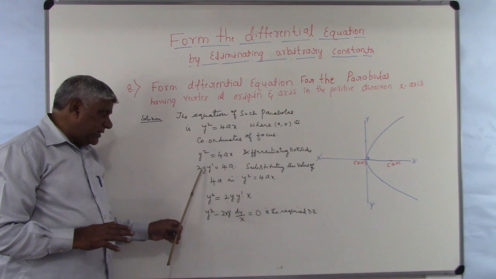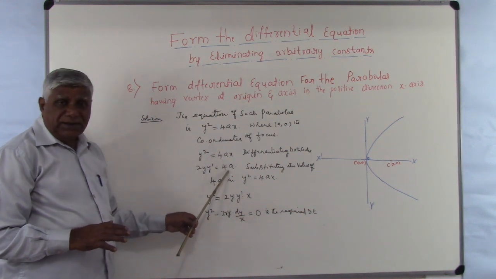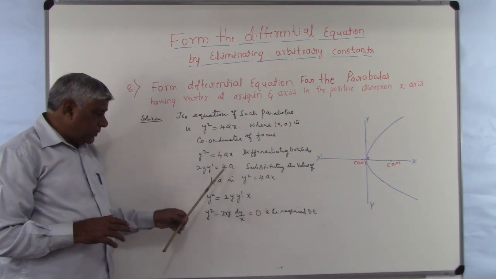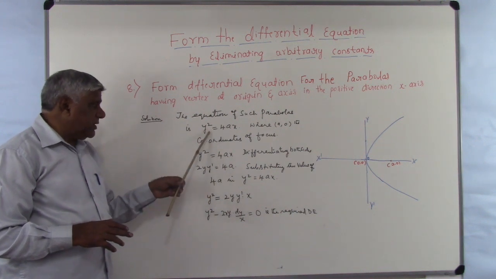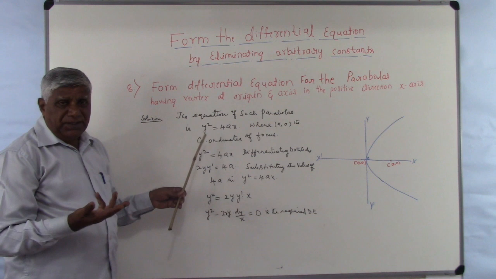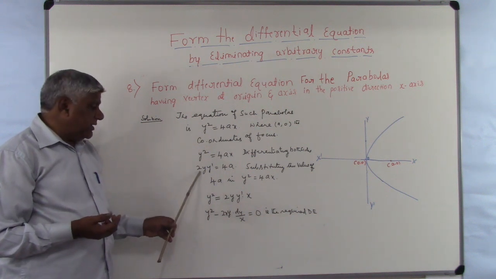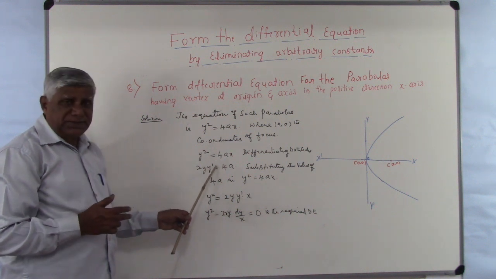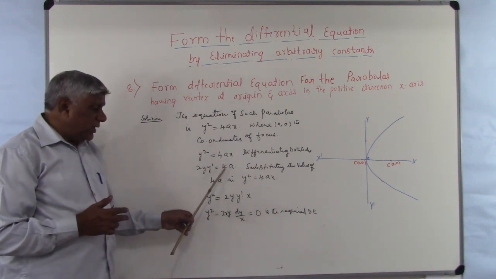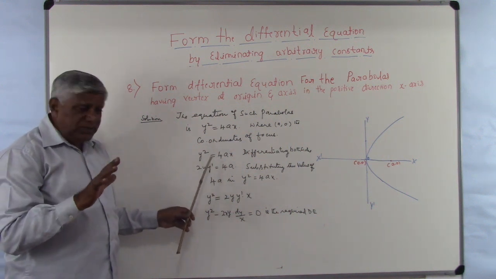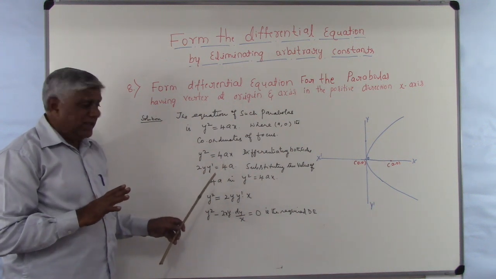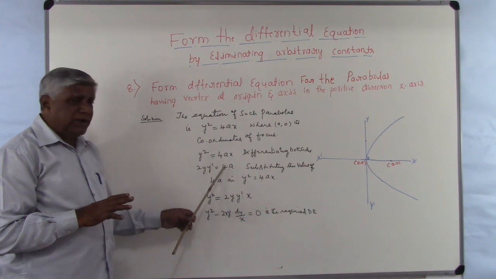Whether you differentiate this and eliminate this 4a, or substitute this value of 4a in the original equation, both are the same. Even if you differentiate this, it becomes 2y double dash plus, like that it comes. So you need not worry, our only main objective is to eliminate this 4a. Therefore what we are going to do is very simple.